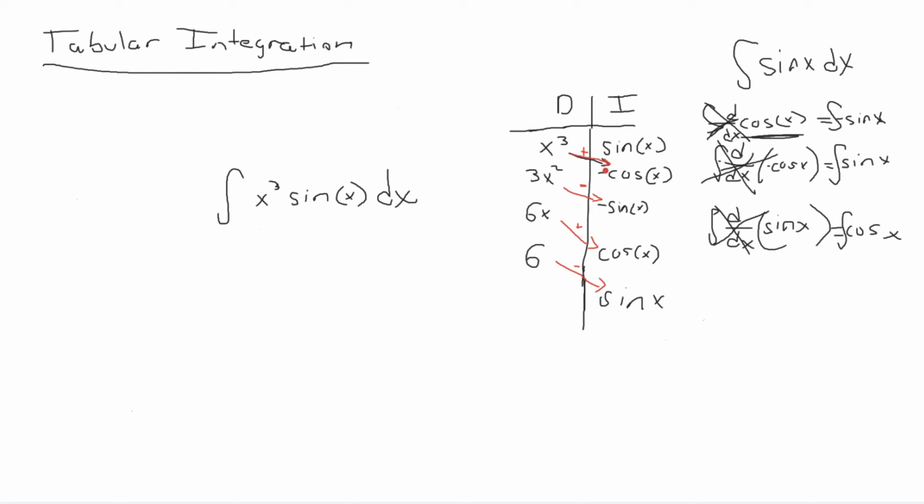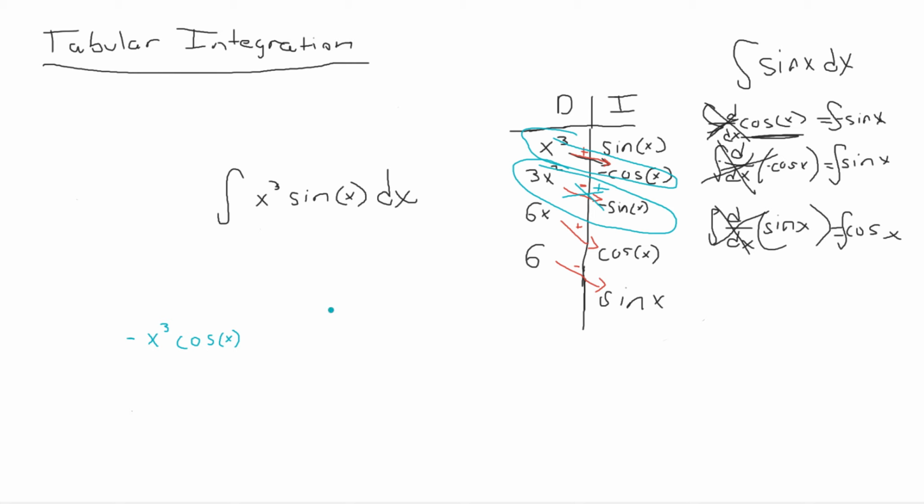And so now we just multiply these terms, and we have to account for the sign right here. So our answer would be, first we take that, so x to the third, and this would be negative because we just have the plus and the minus, times cosine x. Then we have a minus, the negatives cancel, so this ends up just being a plus.